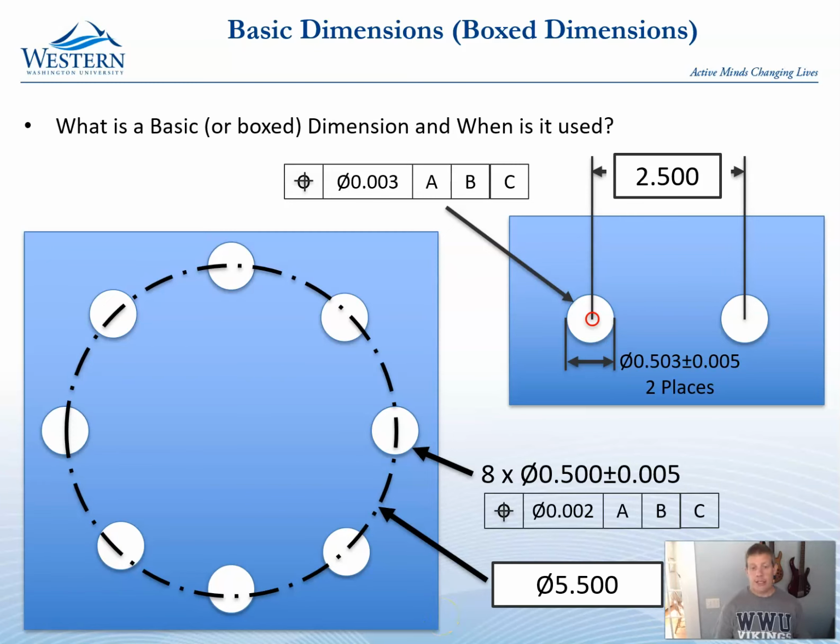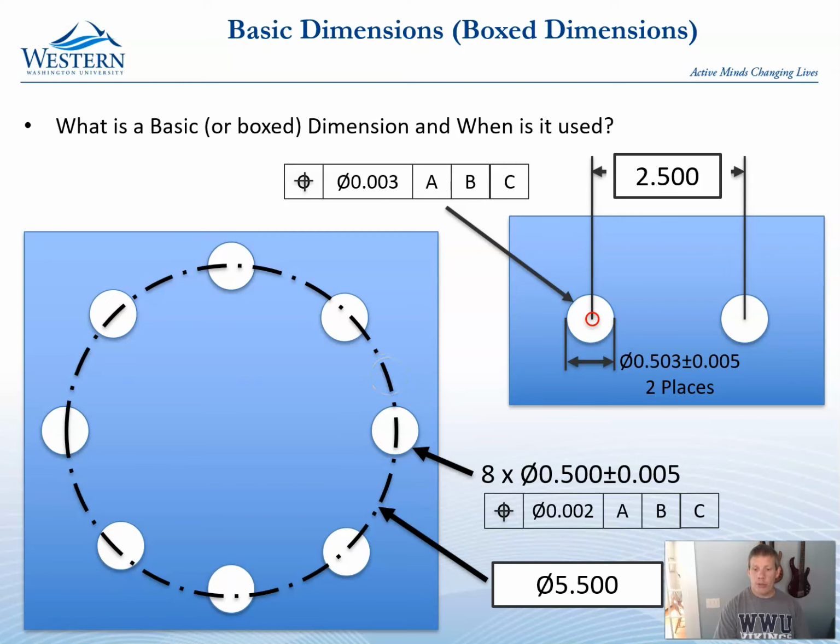That circle has a diameter of 2/1000ths of an inch. Somewhere we would also have to have the X and Y position of this bolt hole circle. So a really good question is, does that bolt hole circle have a tolerance on its X and Y position, or is it basic? The answer is, we assume that this circle is perfect.